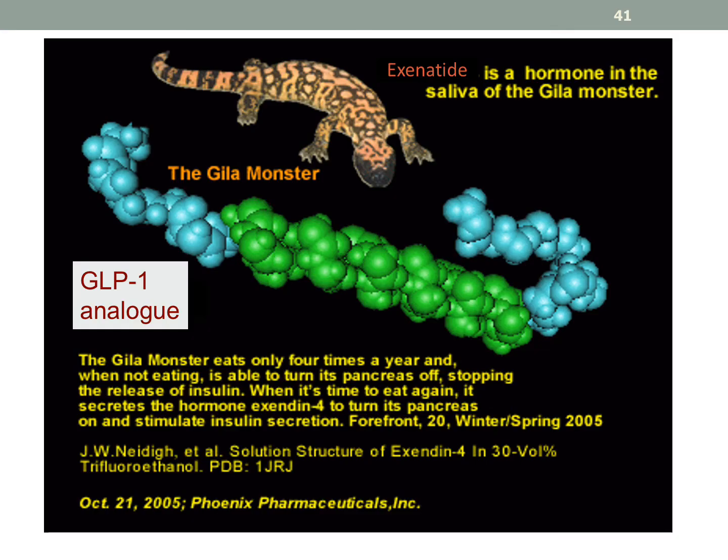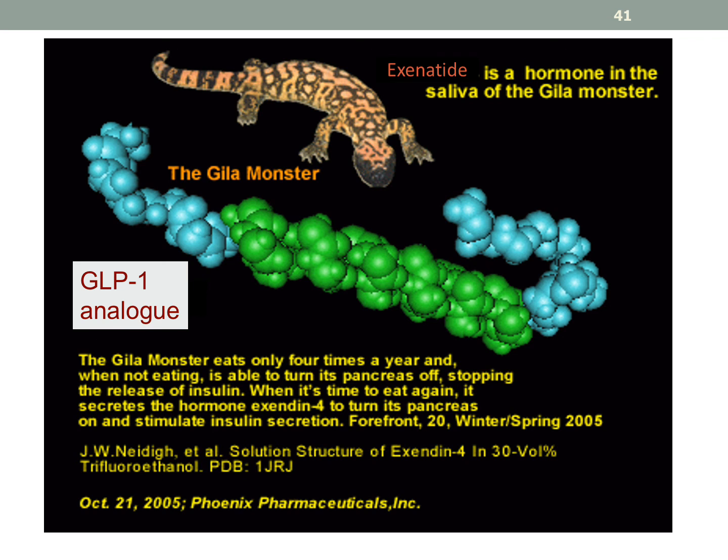The first GLP-1 analog or agonist was discovered in the saliva of the Gila monster. The Gila monster is a reptile that lives in the desert, and it only eats 4 times a year. When not eating, it's able to turn its pancreas off, stopping the release of insulin. When it's time to eat again, it secretes the hormone exendin-4. When the Gila monster salivates, this exendin-4 turns its pancreas on and stimulates insulin secretion.